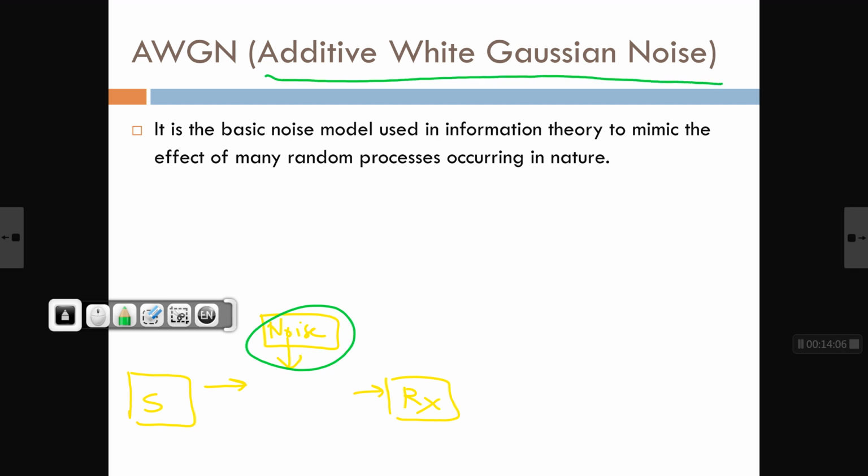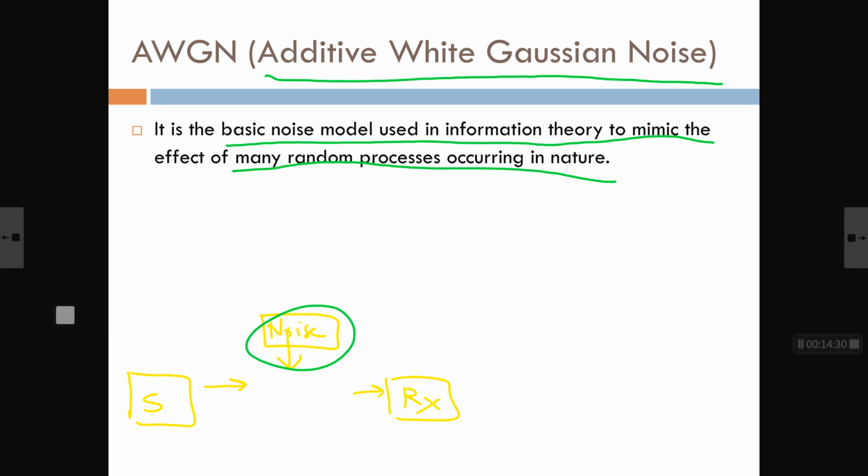I would like to explain the meaning of additive white Gaussian noise. It is a basic noise model used in information theory to mimic the effect of many random processes occurring in nature. There are different random processes occurring in nature, and these are all modeled with the help of a particular type of noise called AWGN, additive white Gaussian noise.